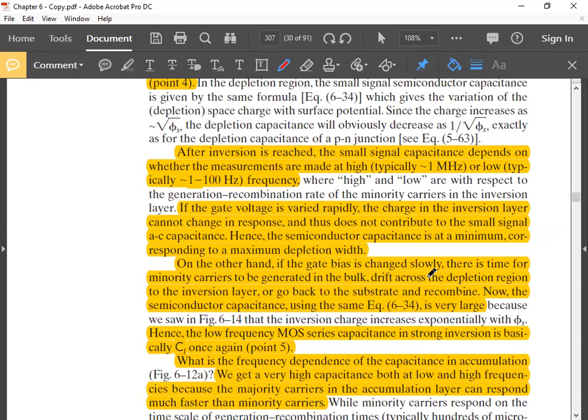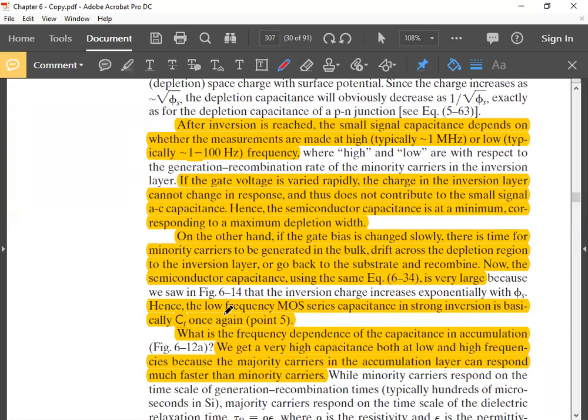Substrate is the body. So now the semiconductor capacitance is very large. So CD is large now. Hence, the low frequency MOS series capacitance in strong inversion is basically CI once again.